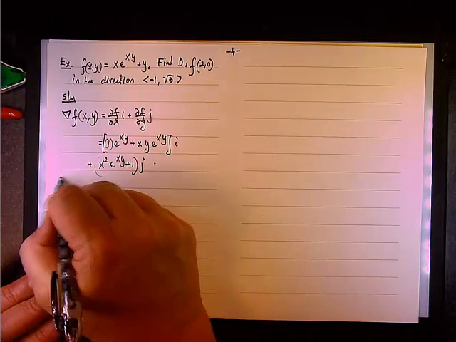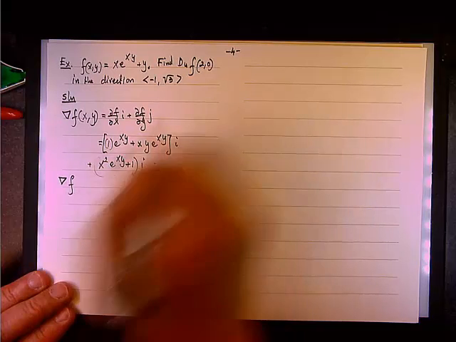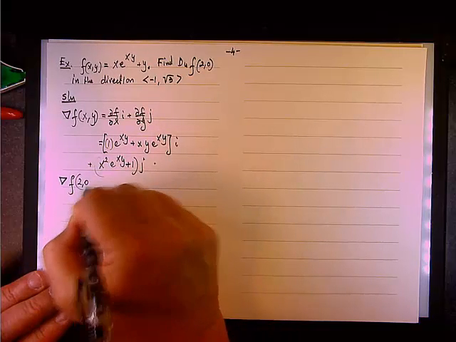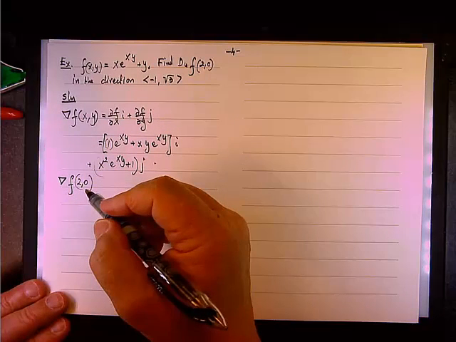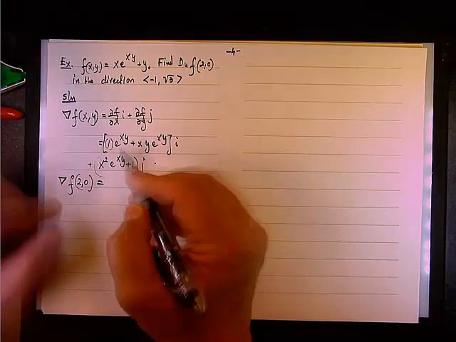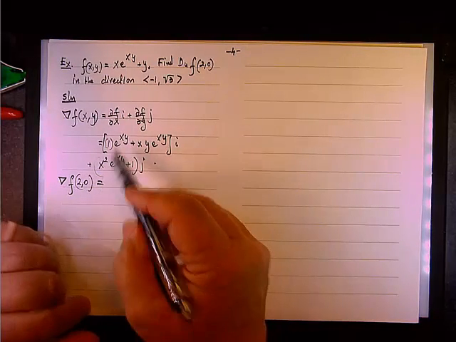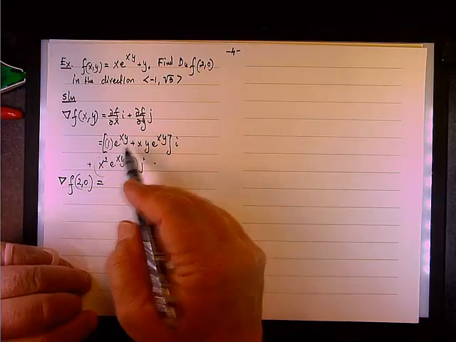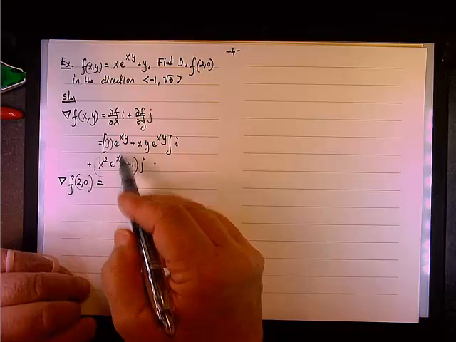And we can simplify it somewhat, pull out the e to the xy. We might as well leave it like that, because now we are interested to find the gradient vector at 2 and 0. Okay? So what happened in this case?